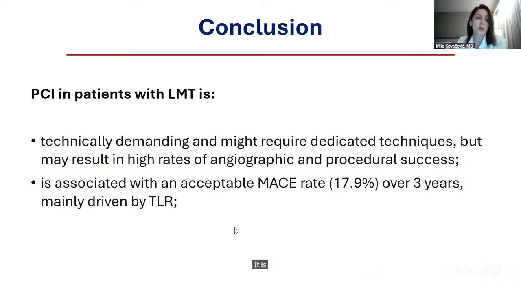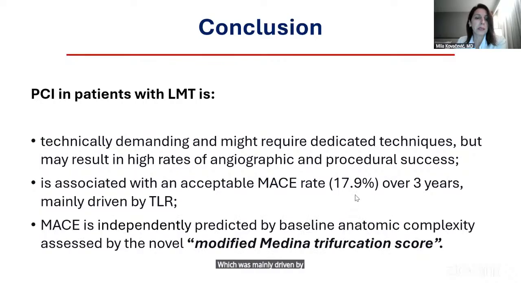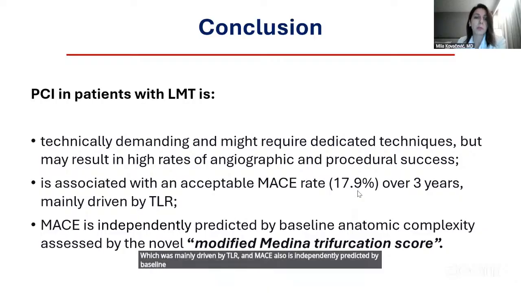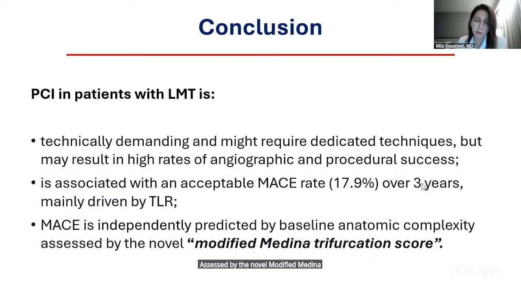It is associated with an acceptable MACE rate, at least in our retrospective analysis, mainly driven by TLR, and MACE is also independently predicted by baseline anatomic complexity assessed by the novel modified Medina trifurcation score.